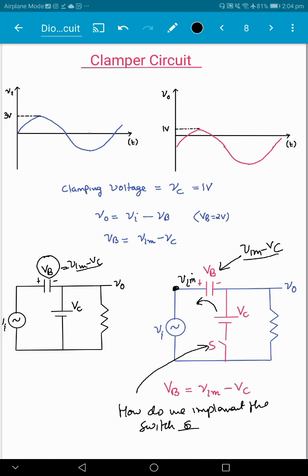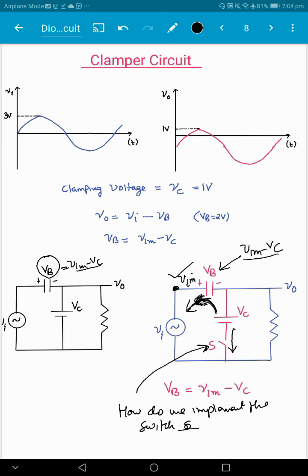Note what the purpose of the switch is. The switch should be closed as long as the capacitor is charging, which means the current is flowing in this direction. Once this voltage reaches VIM, the capacitor begins to discharge, and we have to prevent the current flow in the opposite direction.